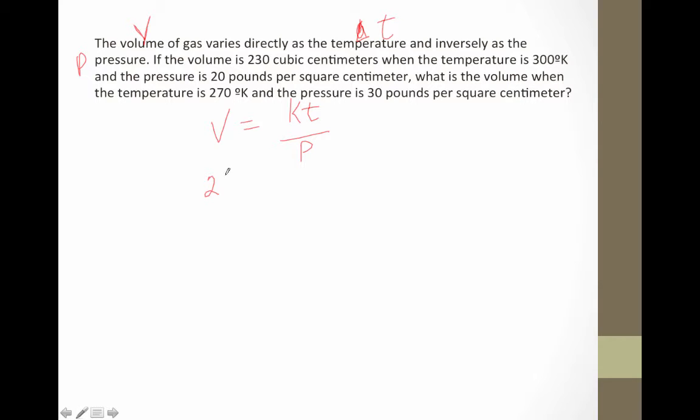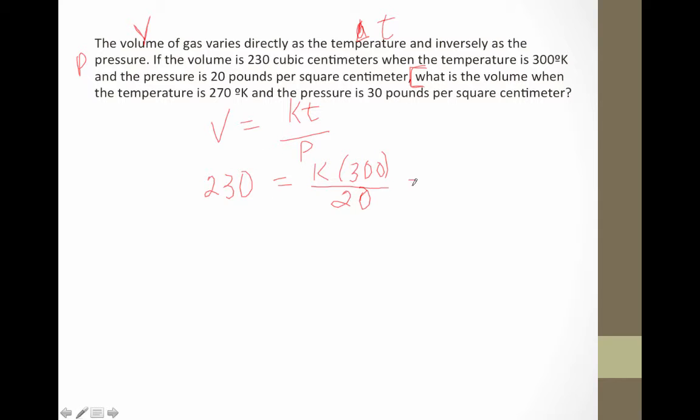If the volume is 230 cubic centimeters, when the temperature is 300 degrees Kelvin, and the pressure is 20 pounds per square centimeter. So that's the first part of the question, and then we'll get to the end.